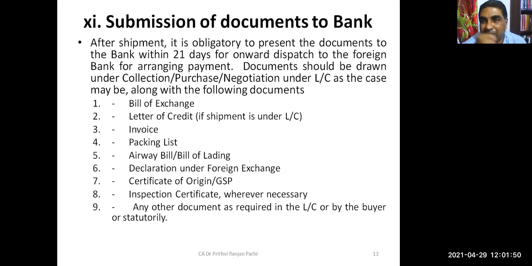Other documents might be necessary if credit facilities are arranged by the bank. If the bank gives you an LC, then these documents are required. Understood? So within 21 days of dispatch, these documents need to be submitted to the bank.